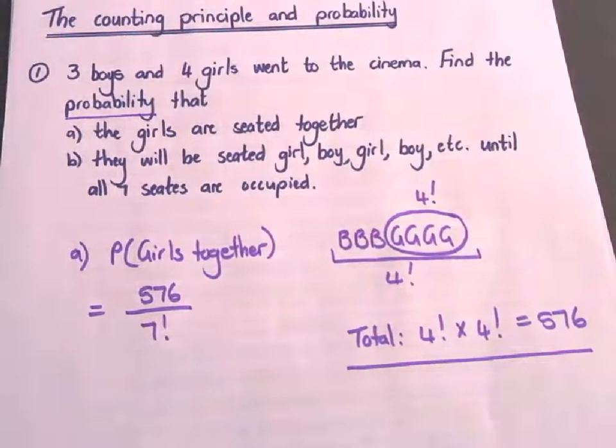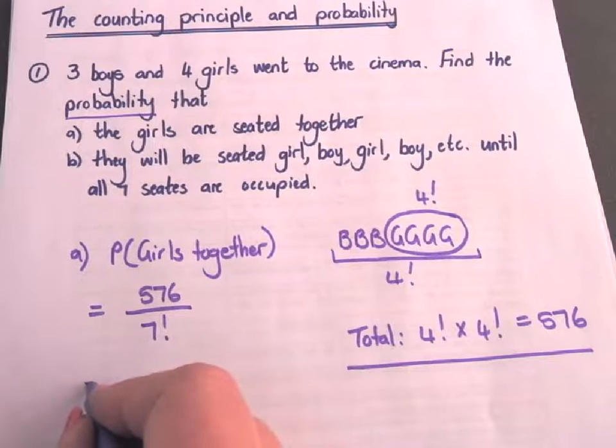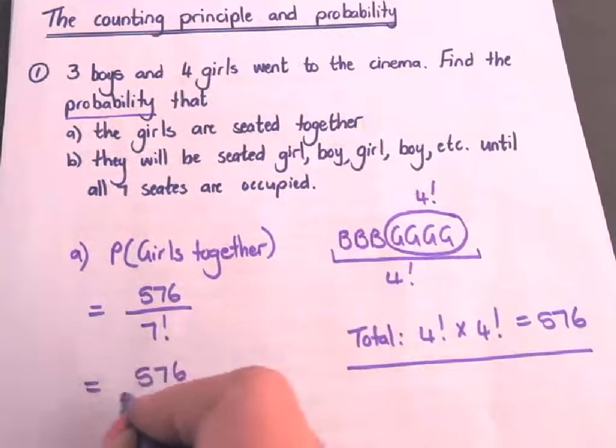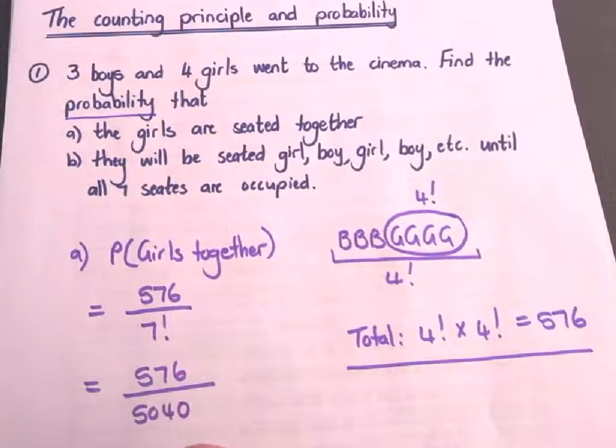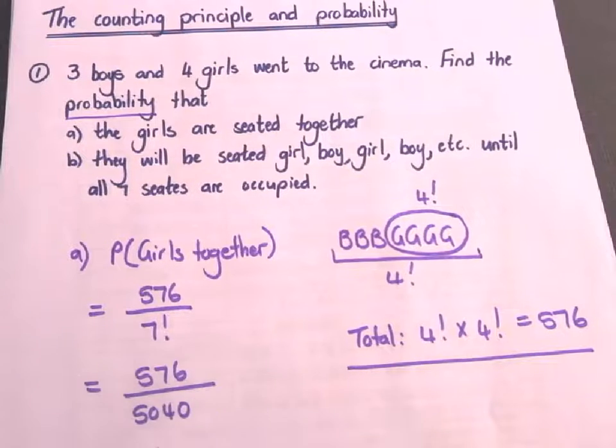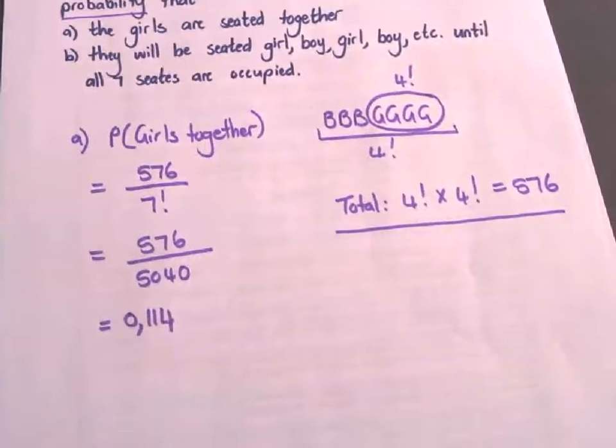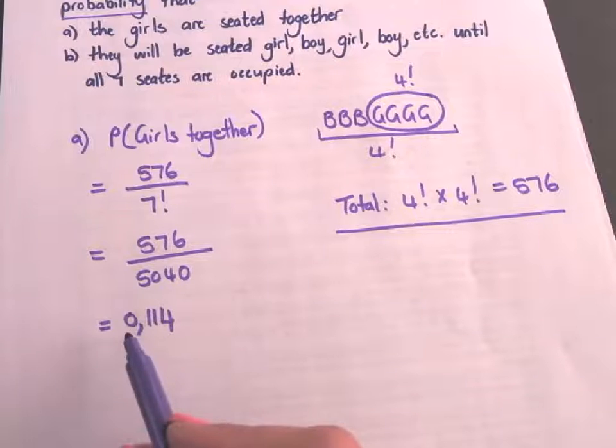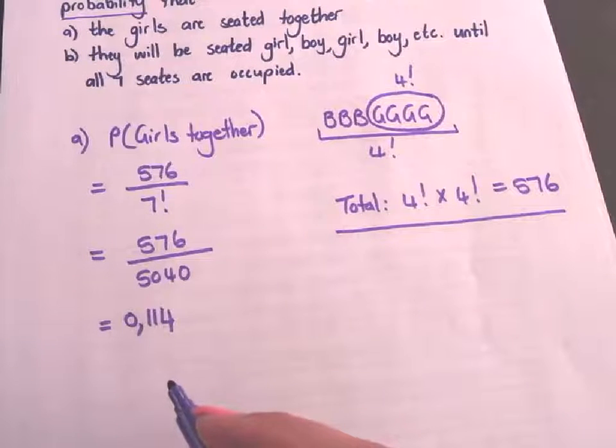In total, there are 7 pupils, so it's 7 factorial. That is 576 over 5040, and that's that. 0,114. So the probability of arranging all the pupils but grouping the girls together is 0,114. Who doesn't understand? Okay, number B.